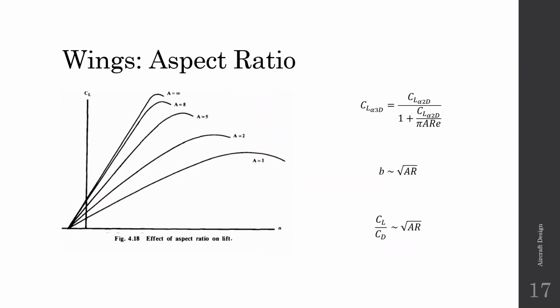One of the most important factors is the aspect ratio of the wing. Aspect ratio is defined as b square by s, where b is the wingspan and s is the wing area.